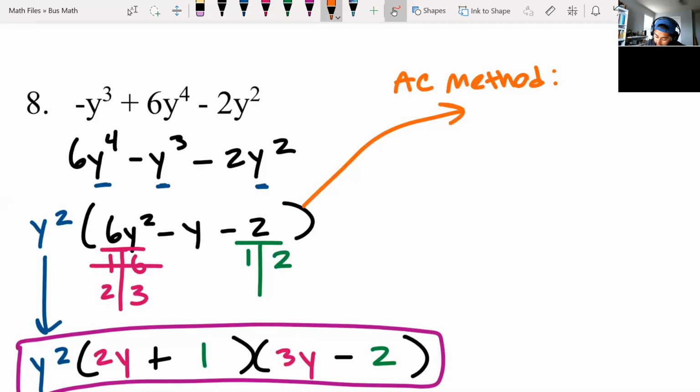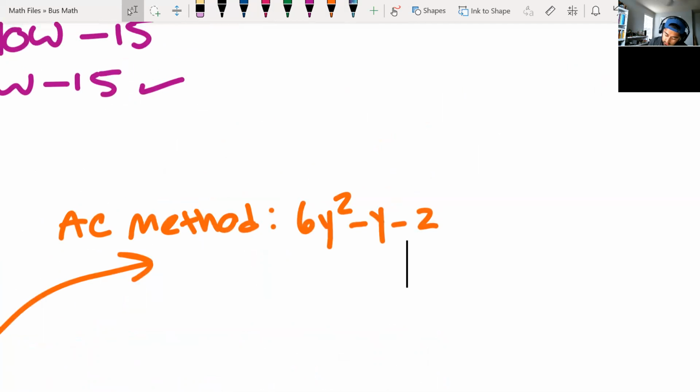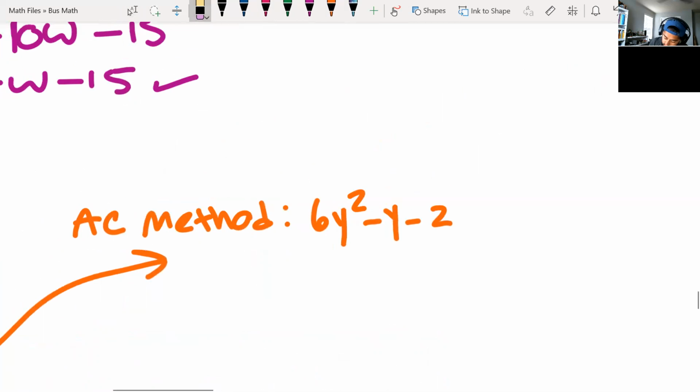So I'll rewrite the problem. It is 6y squared minus y minus 2. I'll just leave that y squared off for now.